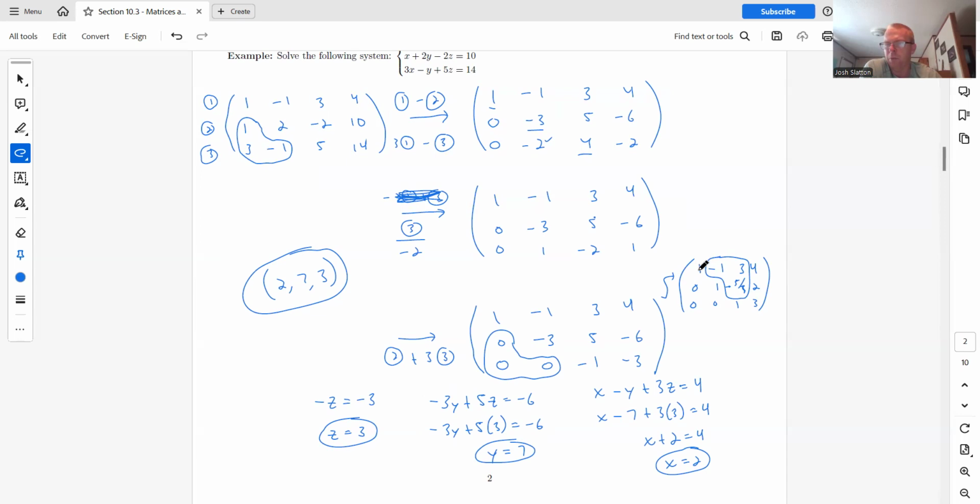You just have the 1, the leading entry, and zeros for the rest of the entries in the column. That one has a leading entry, so the first and third rows would need to be zeros. Here's our leading entry here, so the first and the second row here would have to be a 0. So that's the difference between row echelon and reduced row echelon.